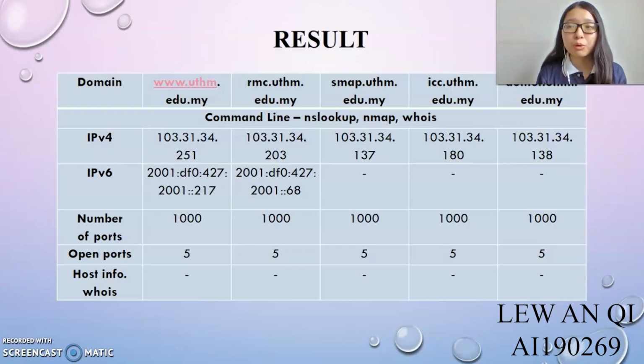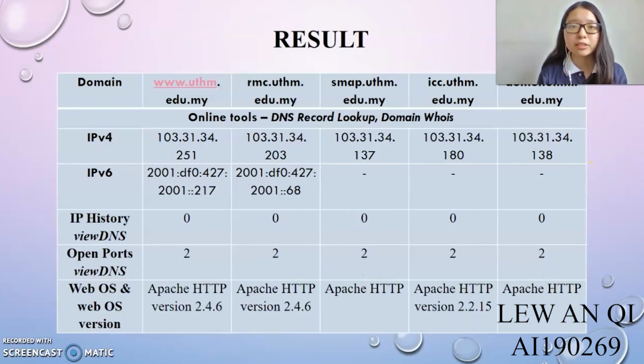We can conclude that all of the domains are in the same LAN, the same local area network, based on the IPv4 address, and therefore all the domains have the same number of ports and the same number of open ports. The second part of the results is using the online tools such as DNS record lookup and domain whois. The results we can gather are IPv4, IPv6, IP history, open ports, and the web OS name and version.